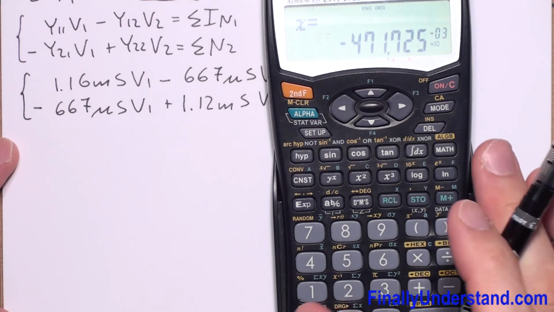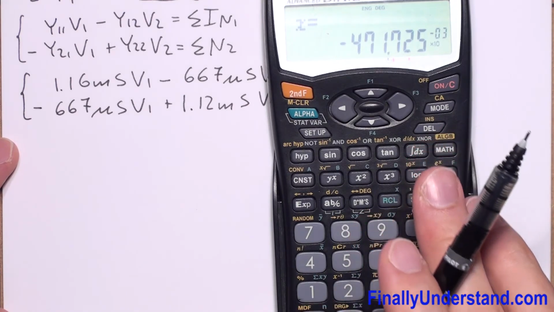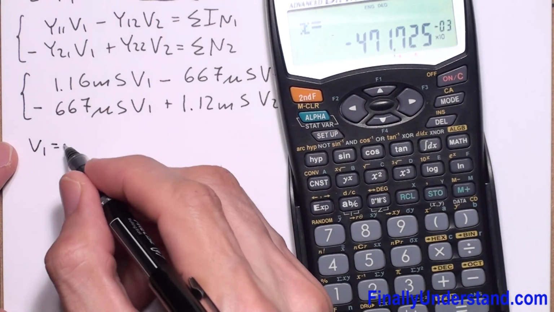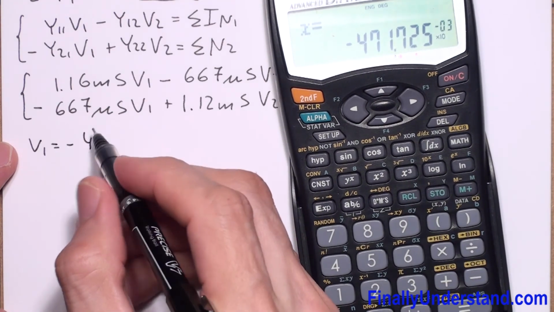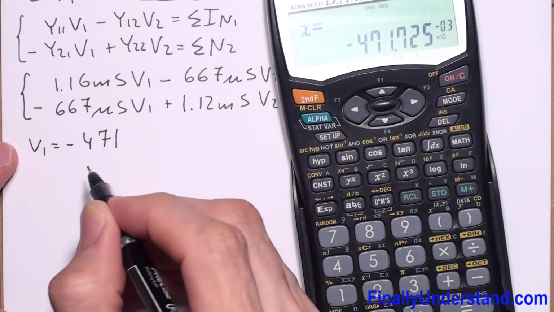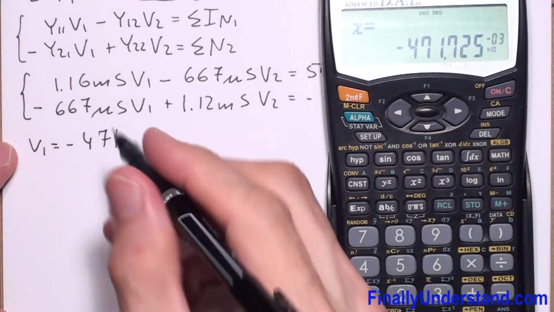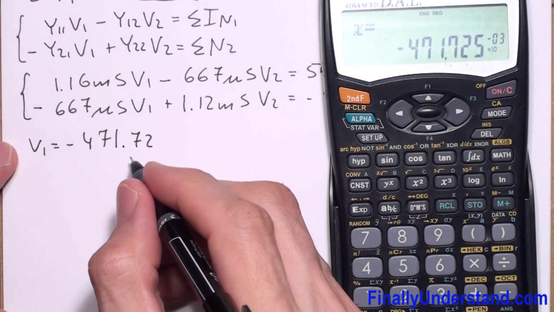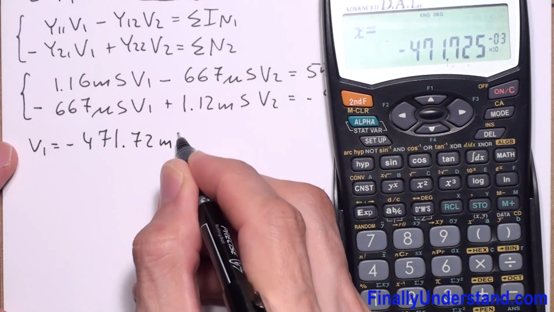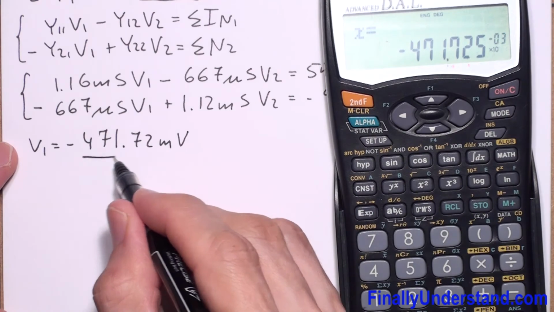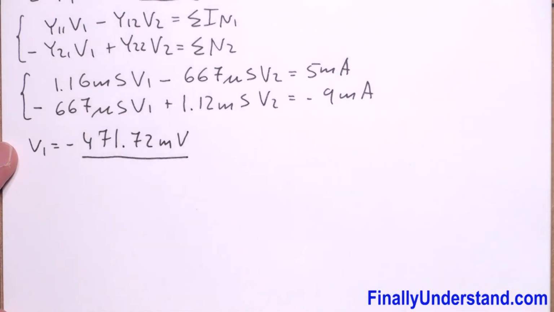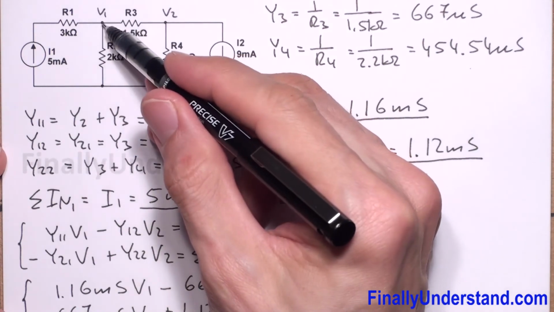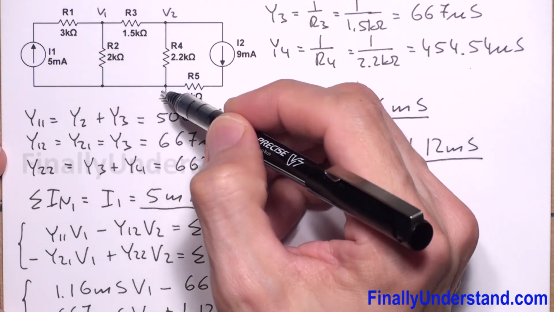Okay, so my V1 is equal negative 471.72 millivolts. So this is voltage at node V1, voltage between this point and ground.